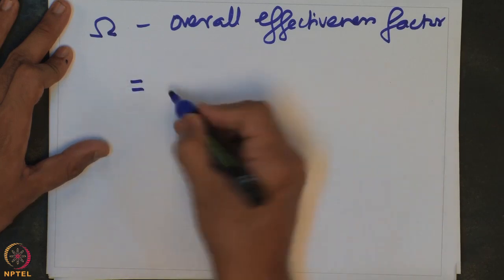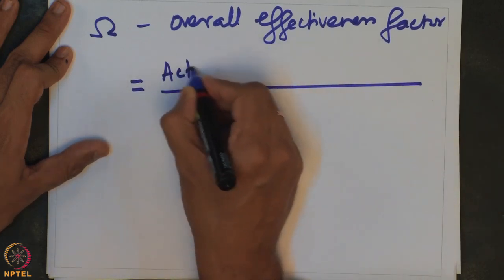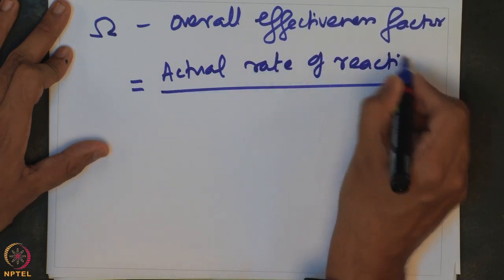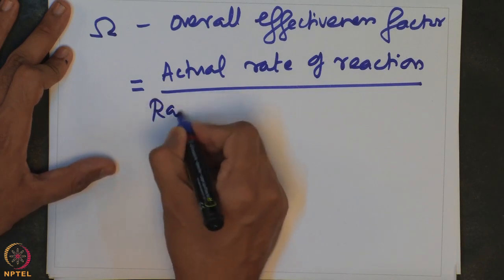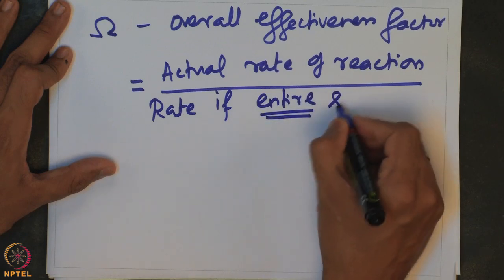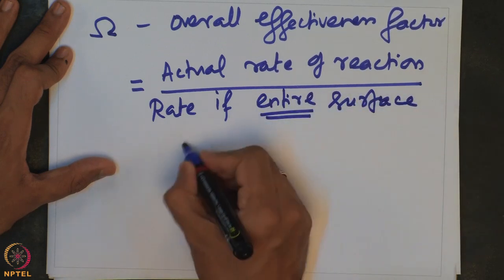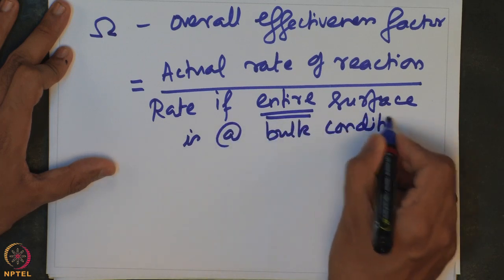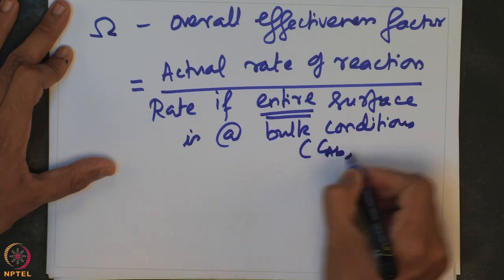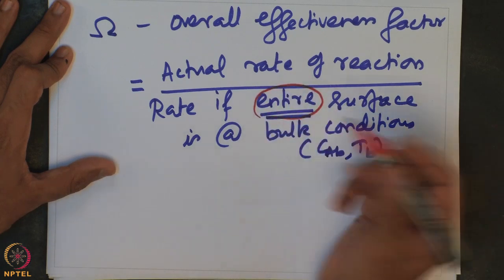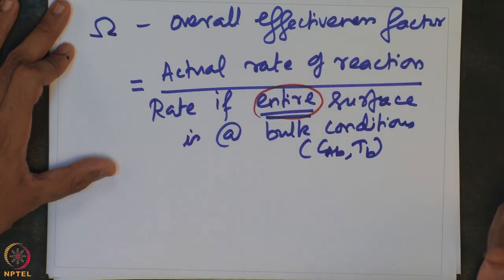The definition for this is the ratio of the actual rate of reaction divided by the rate if the entire surface is at bulk conditions, that is CAB and the temperature in the bulk. Note that we said it should be the entire surface, which is the external and the internal surface of the catalyst pellet where the reaction is actually happening.